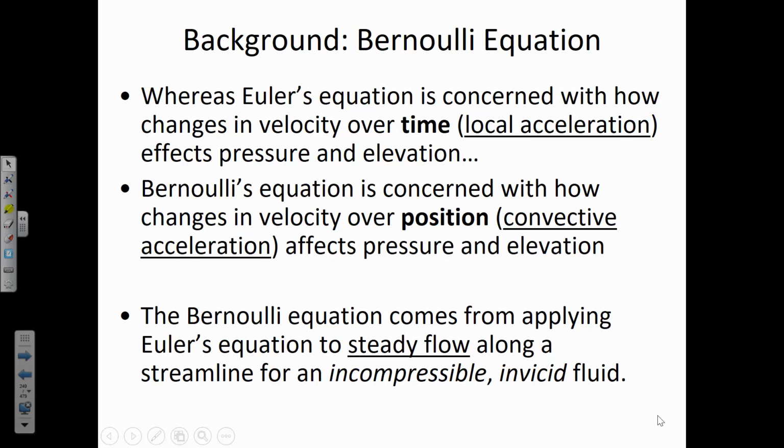For us to get accurate results using Bernoulli's equation, we have to have steady flow. We're trying to isolate what the changes in pressure are due to, and in this case, we're saying that it's due to a convective acceleration, not also simultaneously a local acceleration. So limitation one is we have to have steady flow.